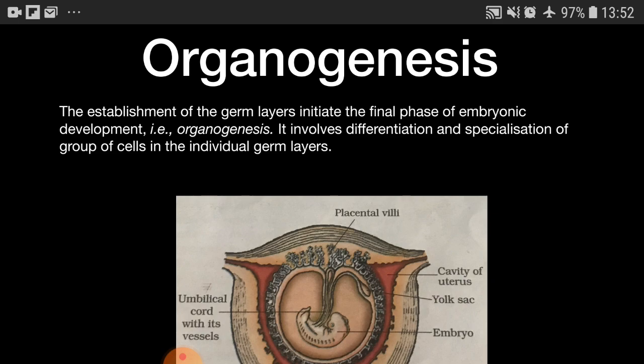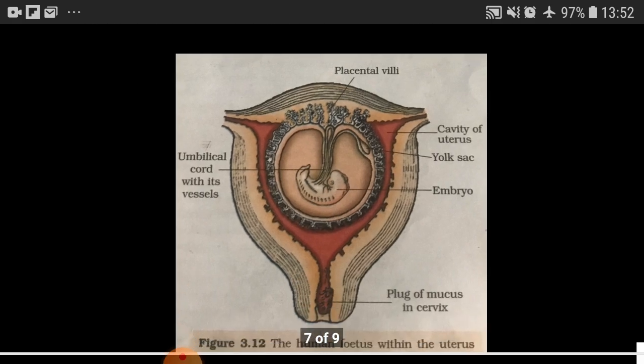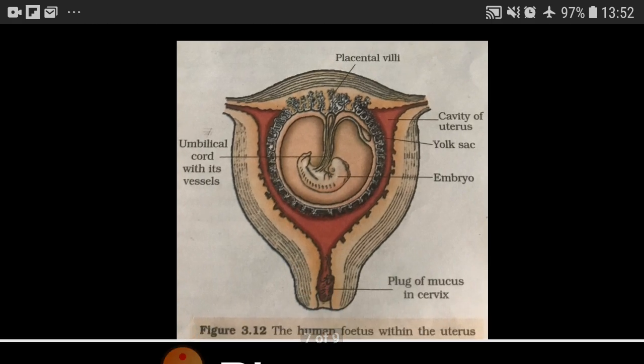So that is how different organs are formed. Organogenesis means the formation of different organs from ectoderm, mesoderm, and endoderm. Is that clear? You can see the fetal membranes and the placenta.